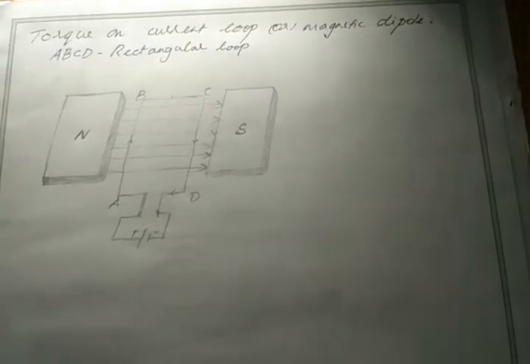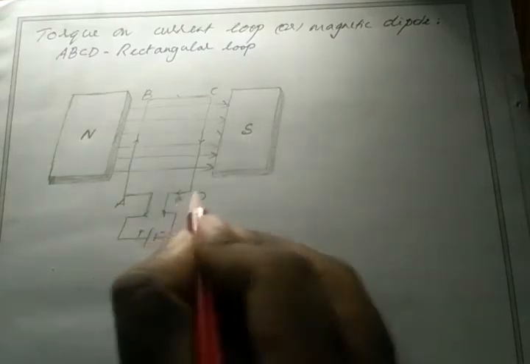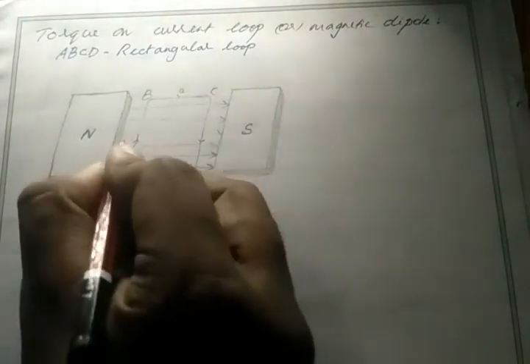In this rectangle we take the length of AD and BC as a. So this length is a and this is a. Similarly, the length of AB and CD is taken as b.